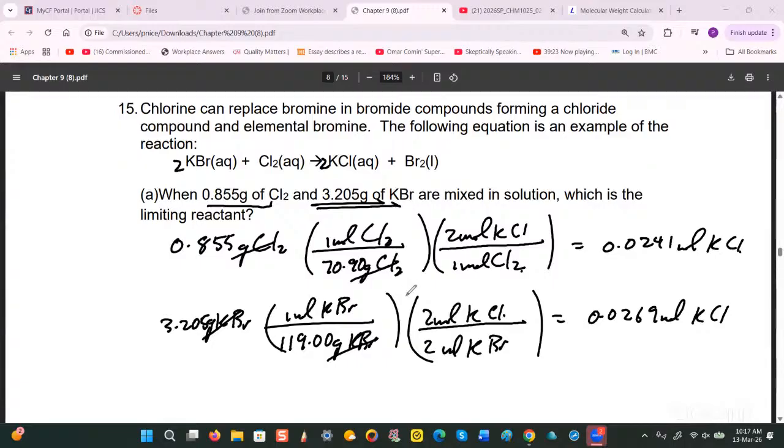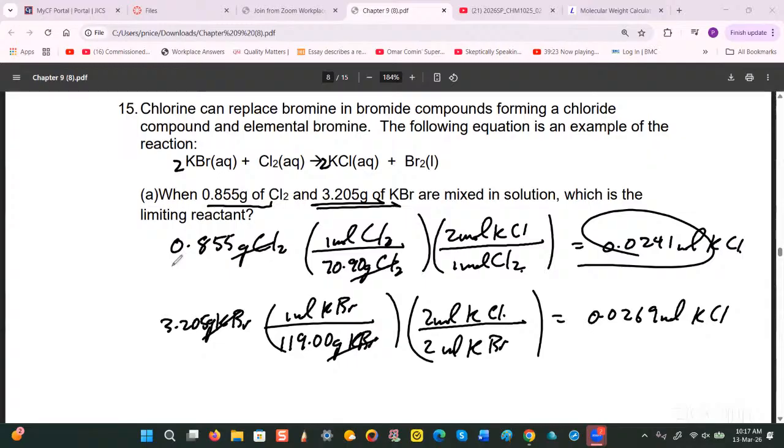Okay, so what do you think the next step is, based on what we did before? Find the lowest. Exactly, which one is lower? This one, right?